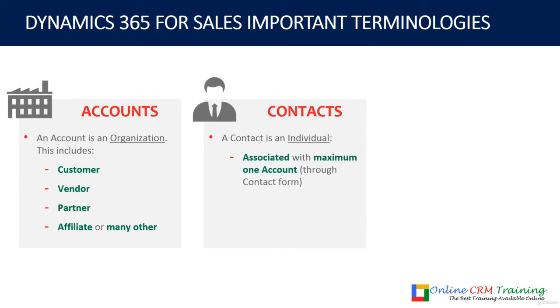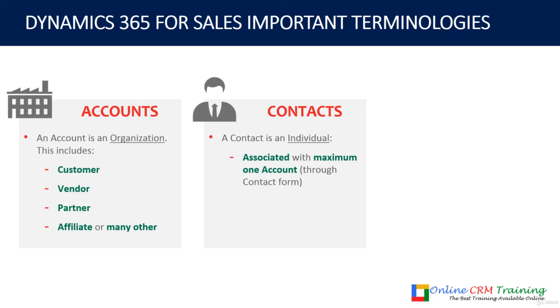Next is the contact. So as I said, in accounts you store the organization or companies. In contacts you store individuals. Okay, so if you are into B2C, business to consumer business, then your end customers are not companies, your end customers are individuals. So what you will do, you will create all your customers who are individuals in the contact entity.